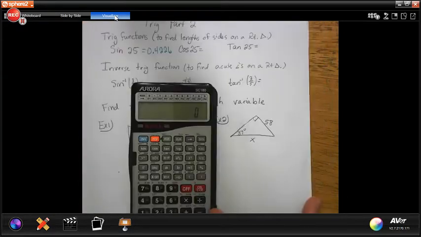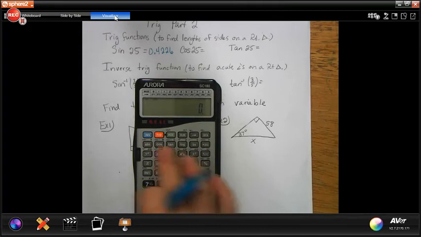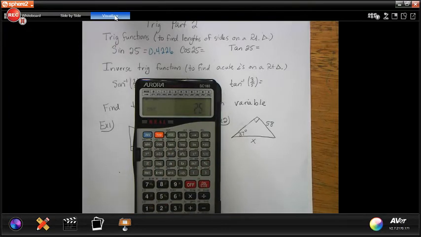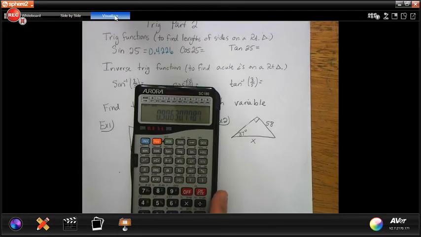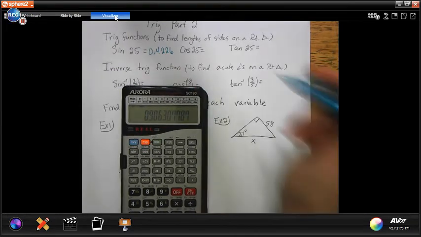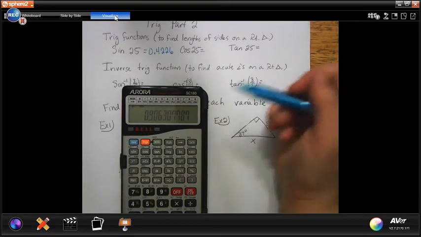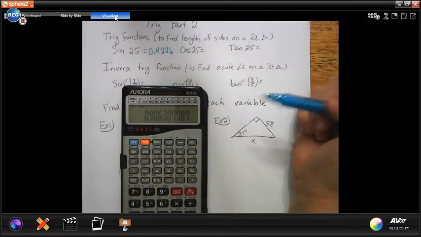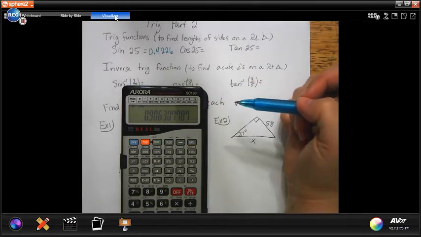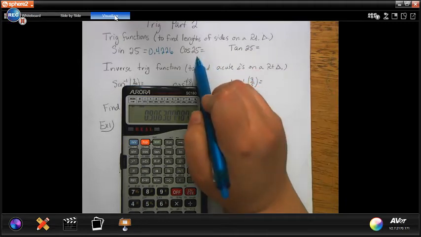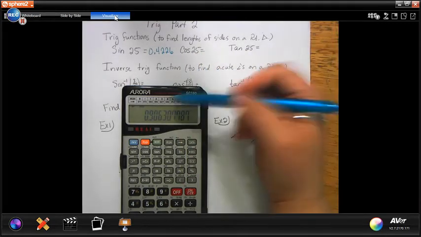Cosine 25. So cosine button, 25, equals. Notice it's different. The different trig functions have different values, so it is important that you press the correct one. They're not interchangeable. If you have the other type of calculator, 25 cosine, you get the same decimal.